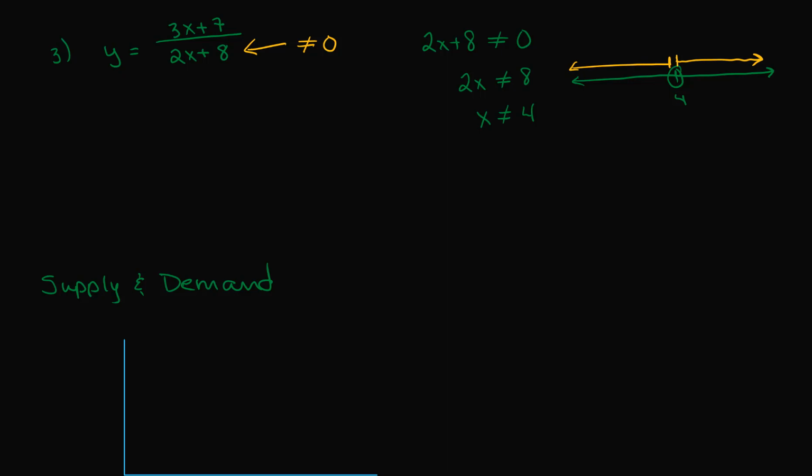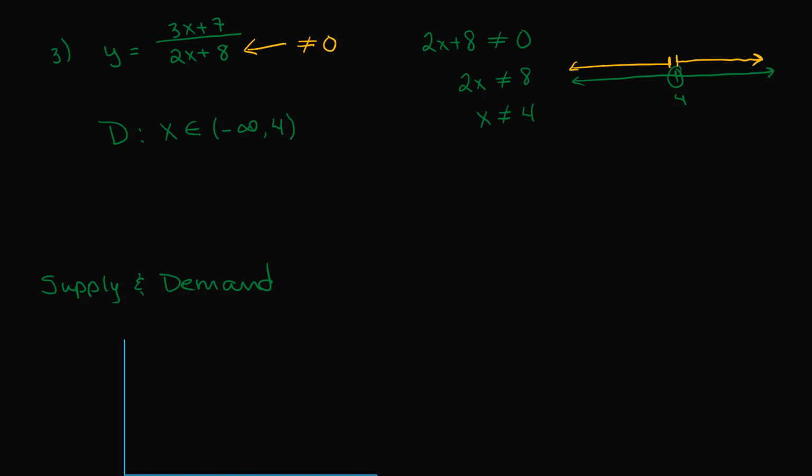Okay, so how do we explain that using our set notation? Well, the way that we're going to define our domain over here on the left-hand side is x is going to be an element of, and I'm going to break this up into 2 pieces because as you can see on our number line, it's broken up into 2 pieces. The left-hand side starts at negative infinity and it goes all the way over to 4. Now you've got to be careful because we can't include the 4, so we're going to use a parentheses, not a bracket.